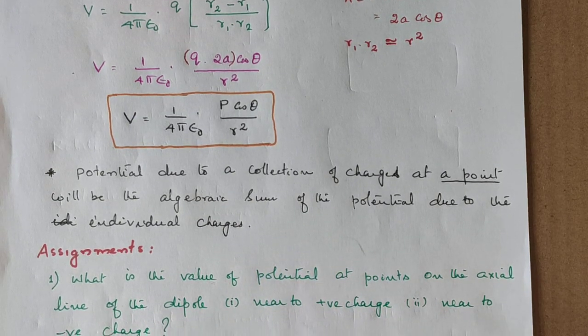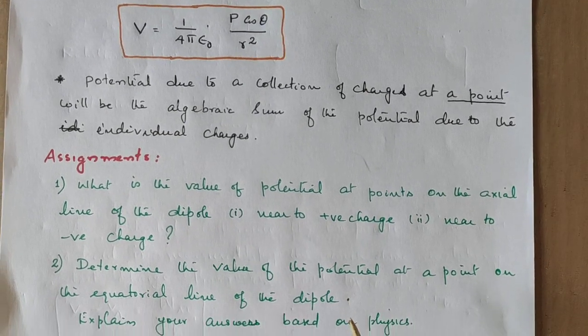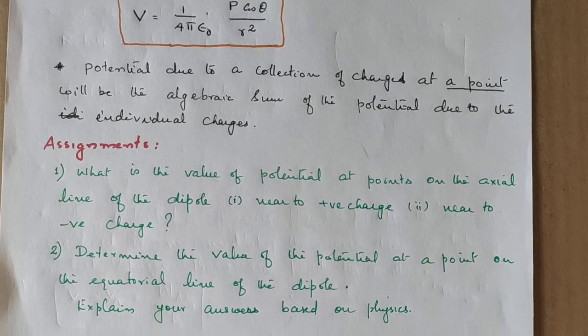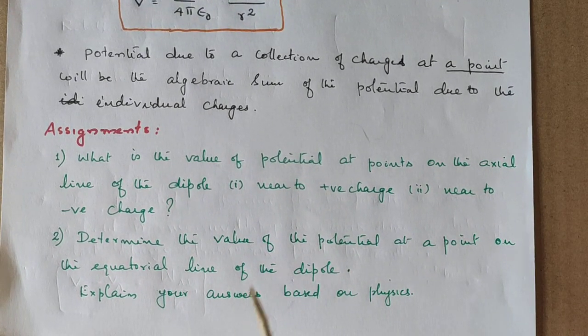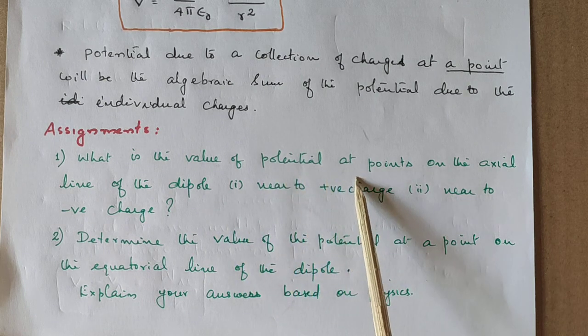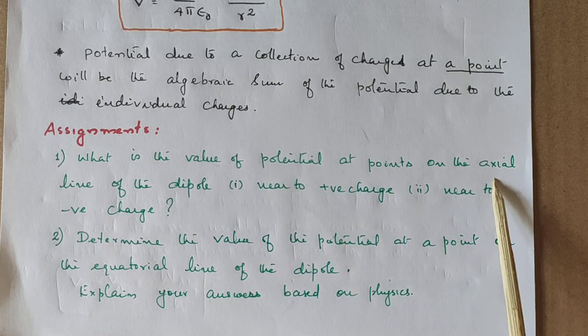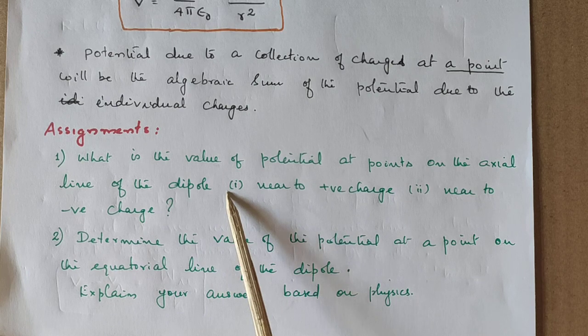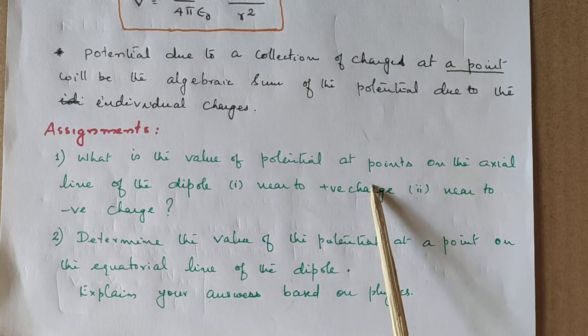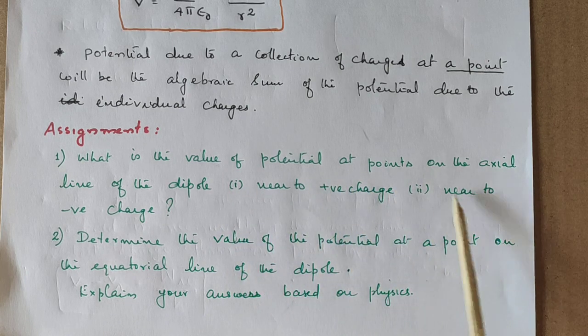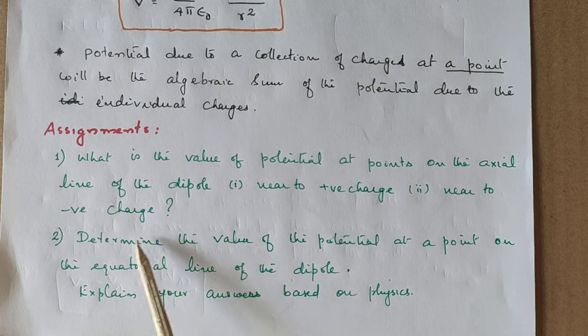Now, based on the above discussion, we can have some assignments. What is the value of potential at points on the axial line of the dipole, one near the positive charge and two near the negative charge?